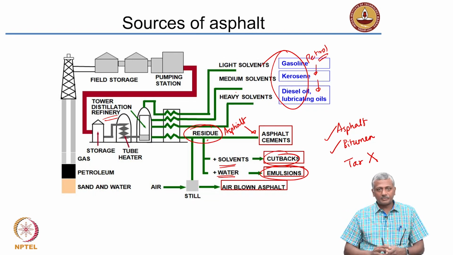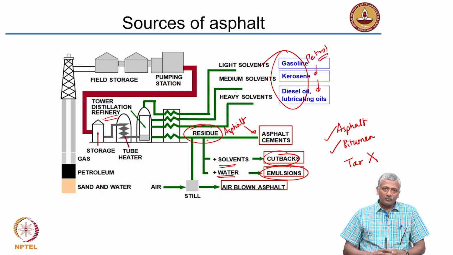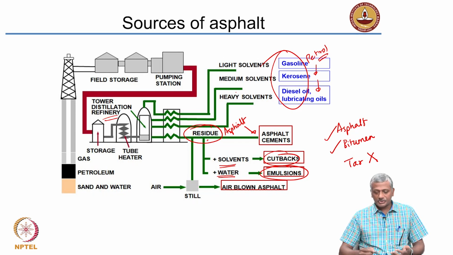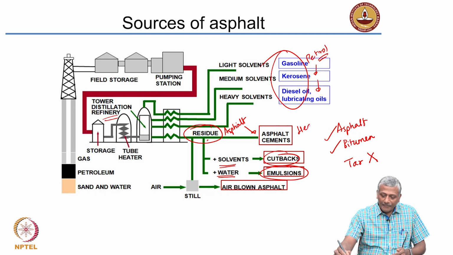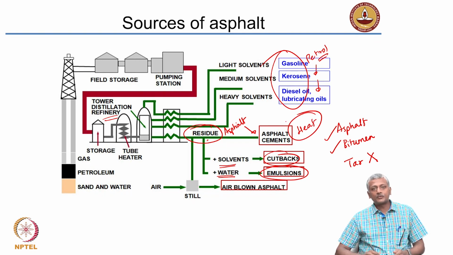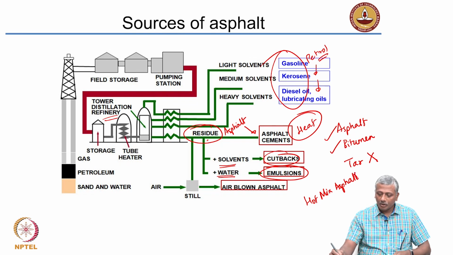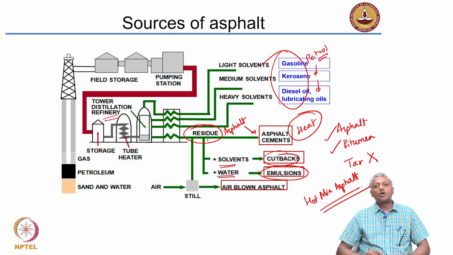So, that is the concept of using ways to reduce the viscosity of the asphalt. But the most common strategy is to heat the asphalt, and that is what you see most of our roadway construction with, is with hot mix asphalt. Hot mix asphalt, that is what we call it, hot mix asphalt or warm or hot bitumen.